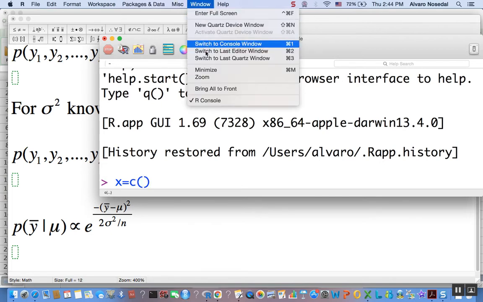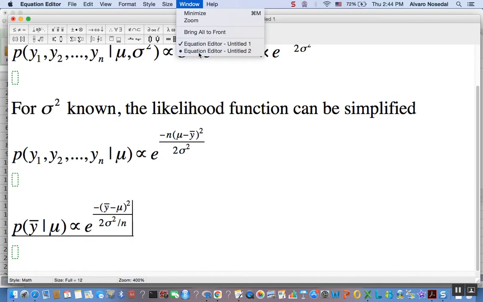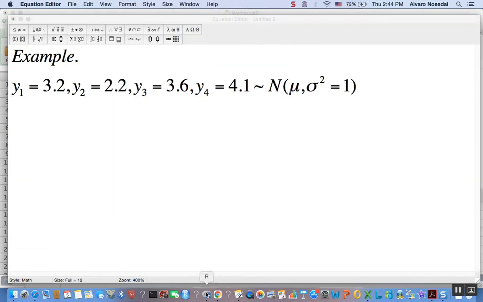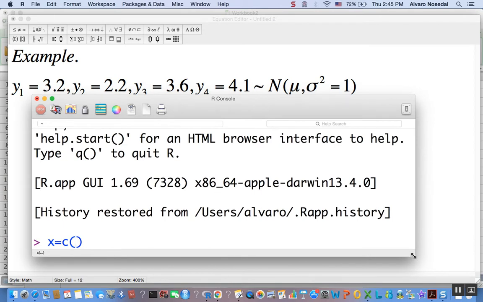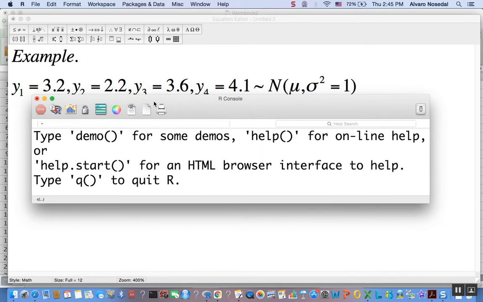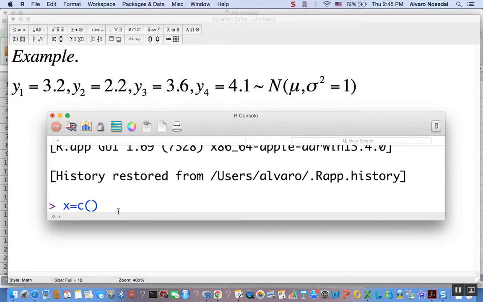What we said in this case is we have 4 observations, and they have the following values: 3.2, 2.2, and so on. So let me use x to refer to that vector that contains our 4 observations. So 1, 2, 3, 4, great.